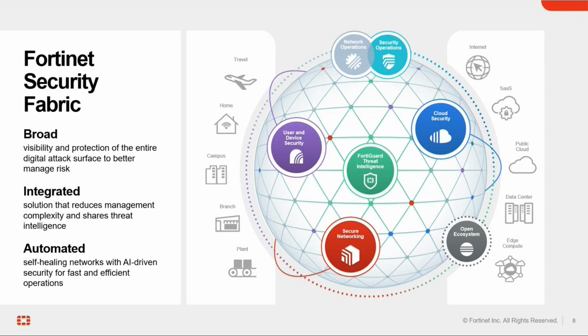And then automated in the sense that we have an open ecosystem, which is noted on the bottom right-hand side, where we have Fabric APIs into a variety of different partners, different cloud platforms as well. So providing a rich, extensible ecosystem of threat intelligence and essentially a cybersecurity posture assessment for those different devices that connect into the network.